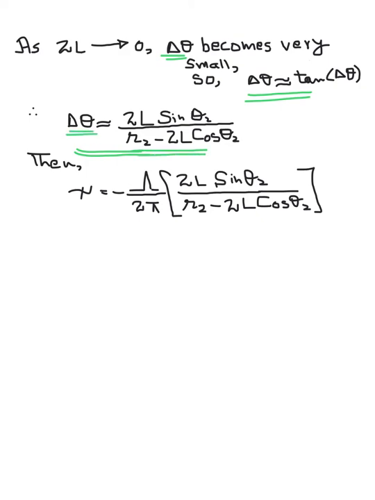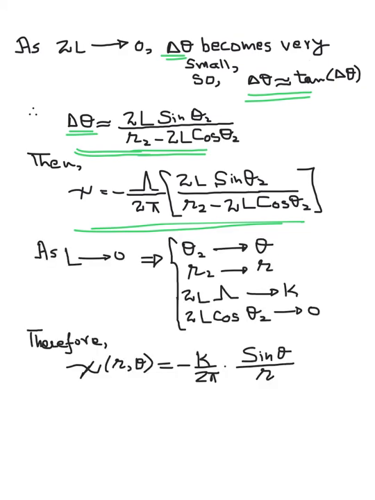Now substitute this value of delta theta in the equation of the stream function that I have previously set for my doublet, then I will obtain this equation, which can further be simplified. Now I have introduced further simplification in the equation of the stream function.